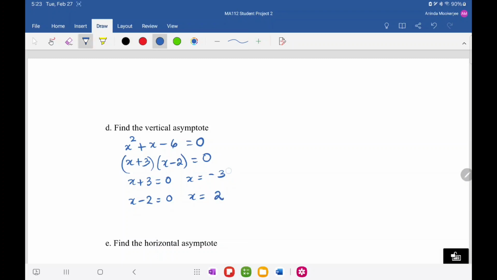So these two are the vertical asymptotes. x equals negative 3 and x equals 2. So in order to find the vertical asymptote, all we do is just make the denominator of the function equal to 0 and solve for x. That's all we did here.